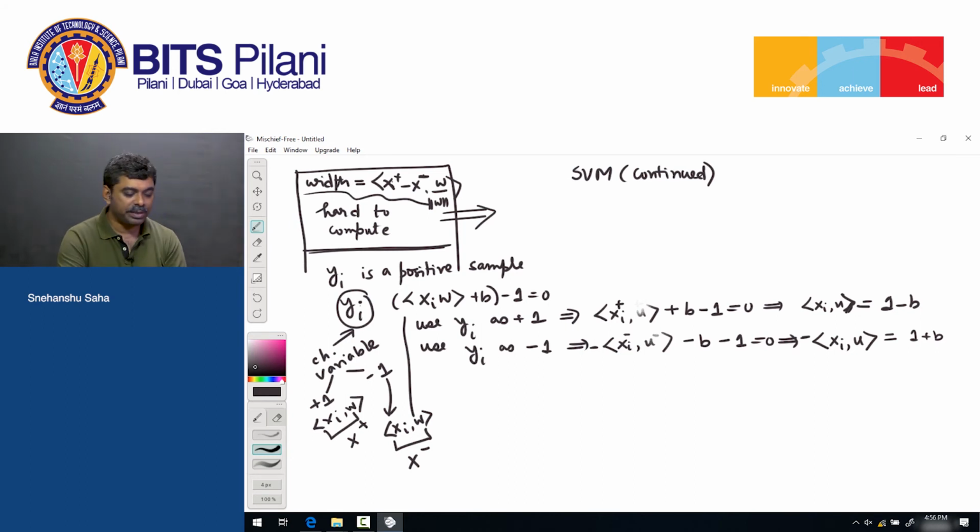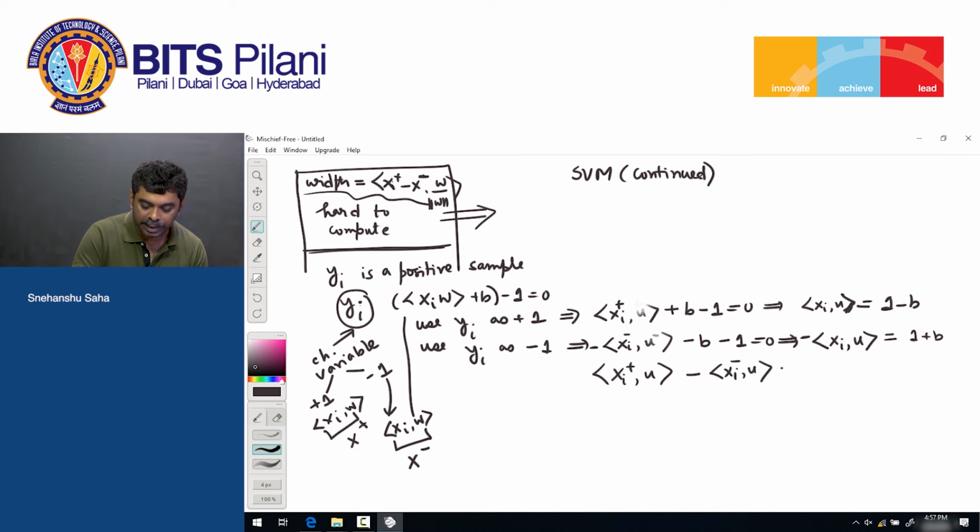So what is the width of the street now? It's (x plus minus x minus) dotted with w over norm of w. So do I know what this x plus minus x minus is? Yes, I think I do. It's pretty straightforward. It's 2. Just simply add.